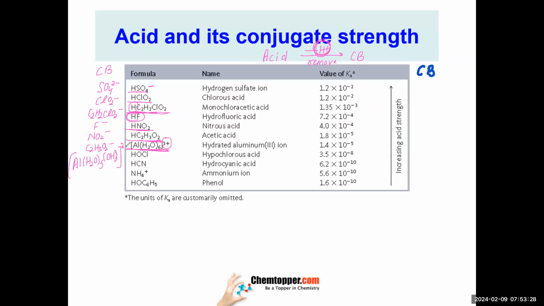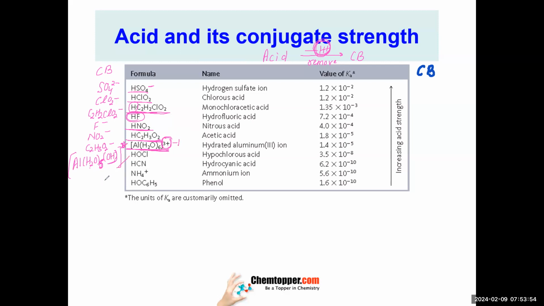It will become 2 plus now. So there are 6 water. I removed H plus from one of the water. So I'm writing 5 water as such. They are not undergoing any change. One water is OH minus. So this is 3 plus and then 1 minus. It will become 2 plus. Is it clear to all of you?